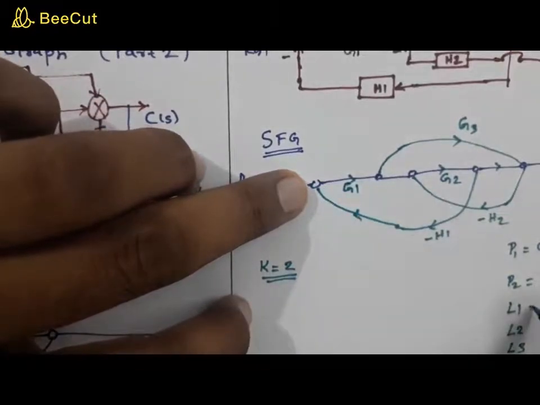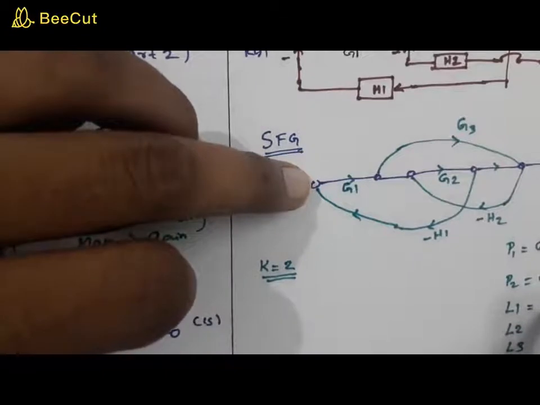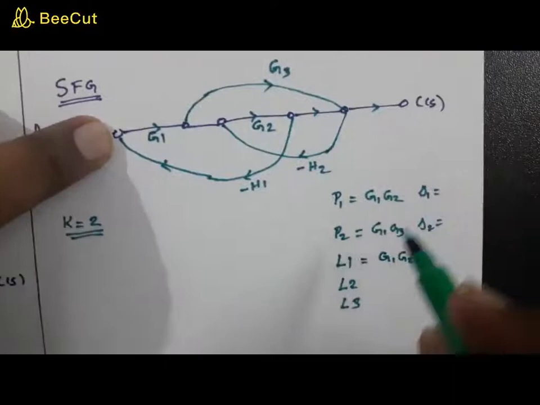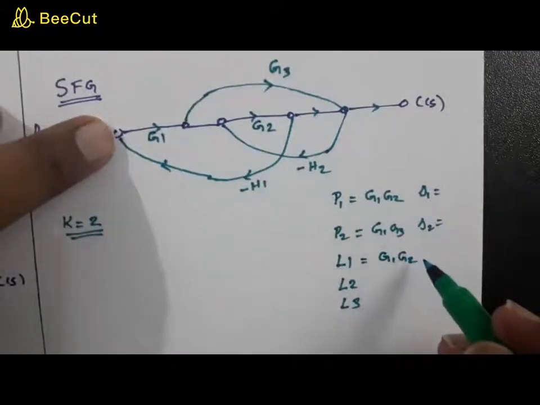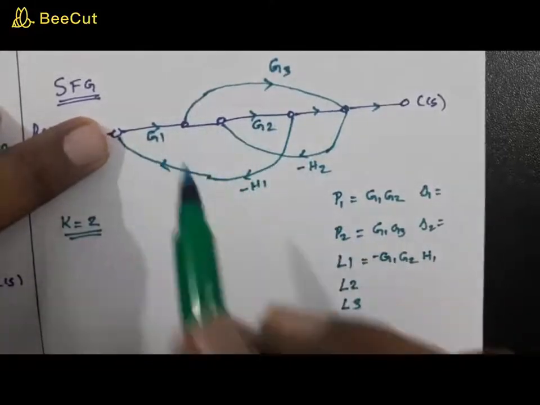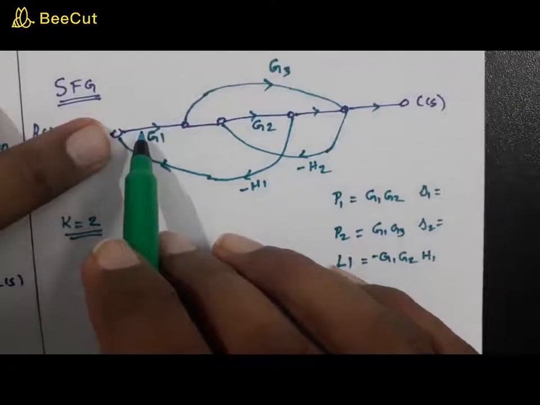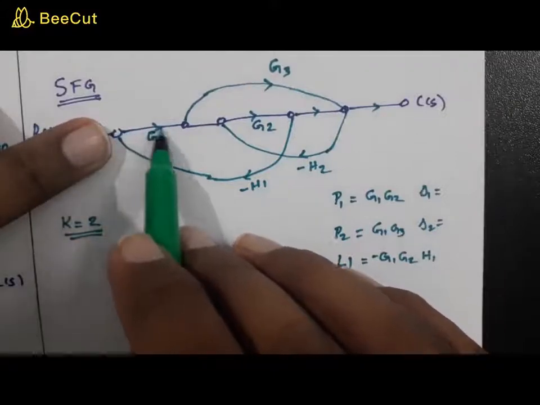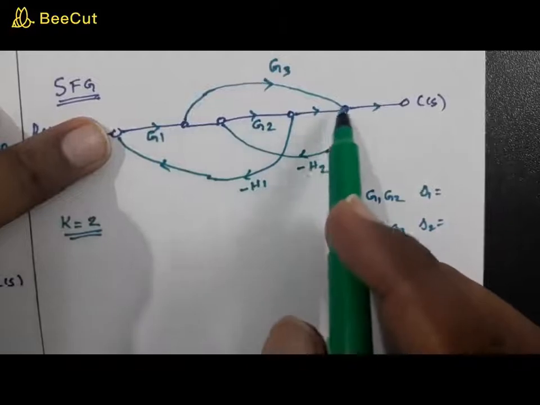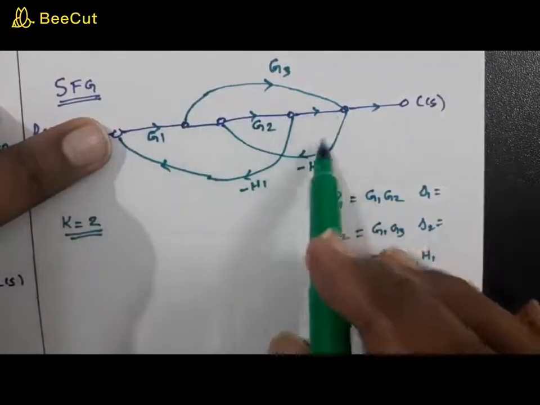So L1, the loop transmittance, will be G1, G2 into H1, but with a minus sign, that is G1, G2 into minus H1. Now let us see, is there any other possibility from this node? A signal travels in this way, and it comes over here. It's not coming over here. So this is not a loop.